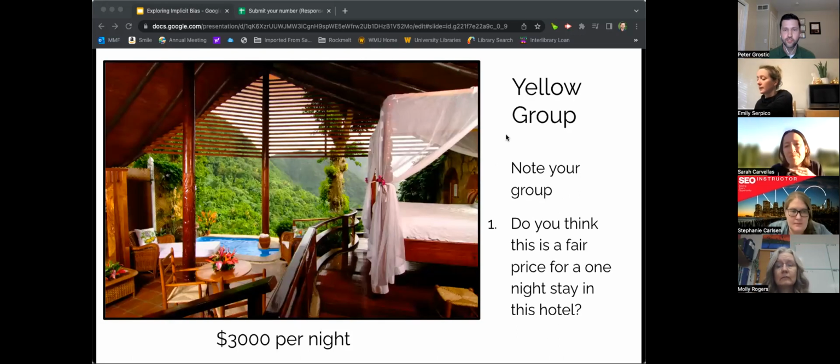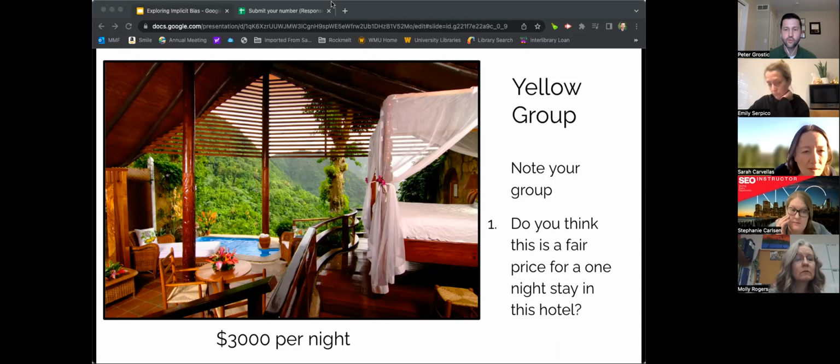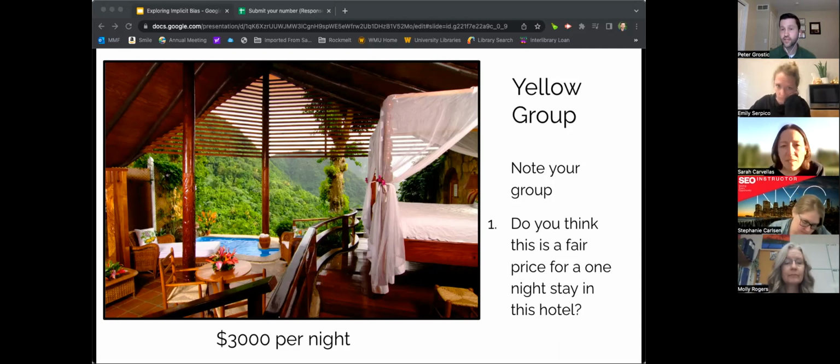So take a look at the picture, everything on the picture. And when you're ready, please answer this first question. Do you think this is a fair price for a one-night stay in this hotel? And I'm looking for a yes or a no. Give you about 10 more seconds for that.